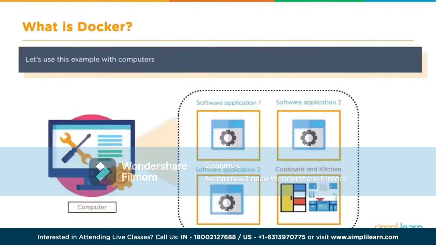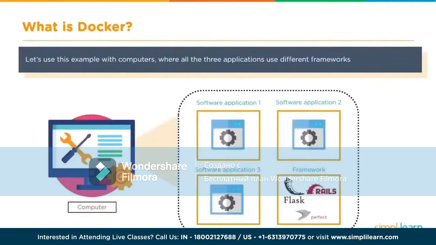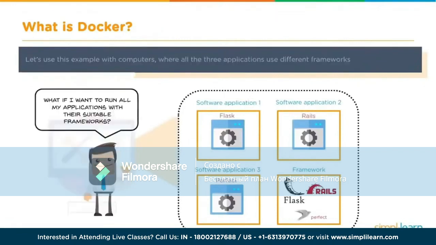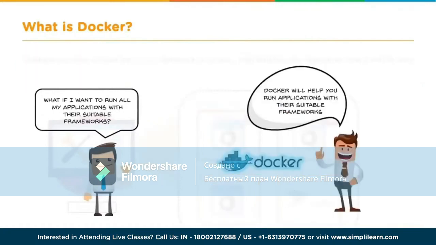This is very similar to how we run software applications today. Each of the applications could end up using different frameworks. So you may have frameworks such as Rails, Perl, and Flask, and you may want to have them running for different applications in different situations. This is where Docker will help you run the applications with the suitable frameworks.